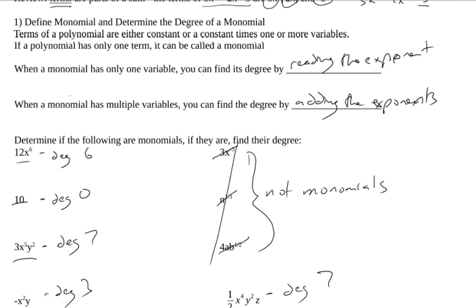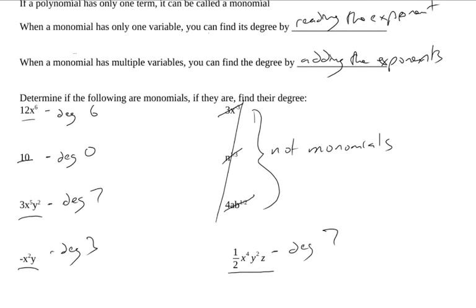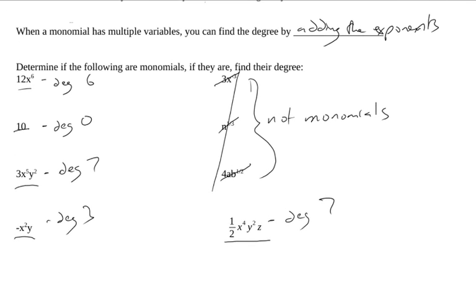The actual meaning of the degree, we're not really going to be using very much for the purposes of this class, but usually what it has to do with is what we generally call the tail behavior. So if you look at just a single variable, 12x to the sixth, this tells me how quickly this grows as x starts to get large.